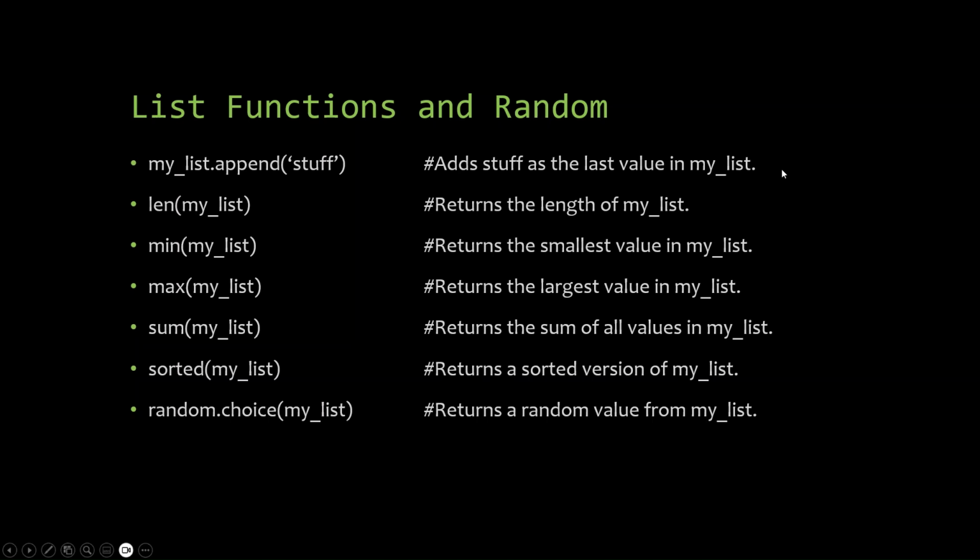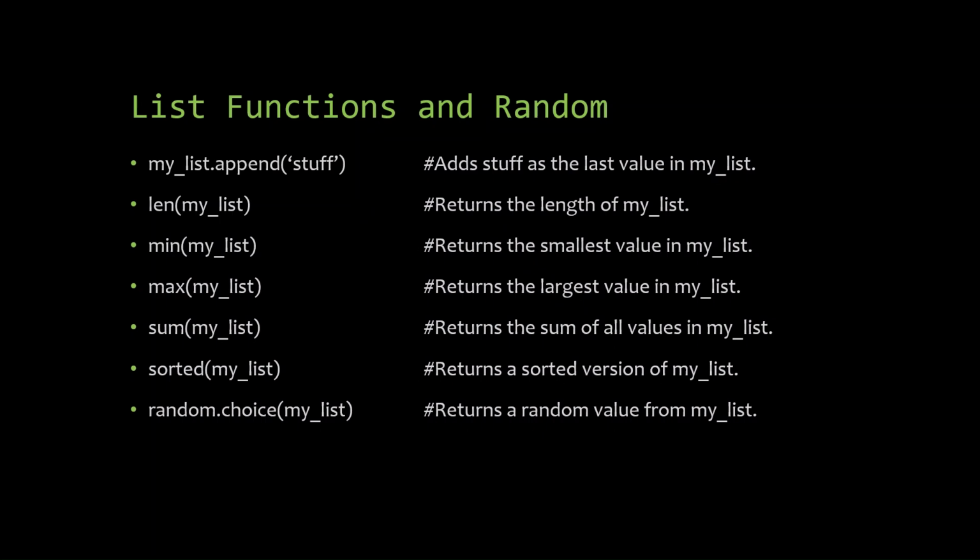The list gives us many functions that we can use. They're built into Python. So you can see we have mylist.append. This is if we want to add something to our list. So, for example, we had fruit just a few seconds ago. So if I said fruit.append blueberries or pineapple, then that would just add it onto my list.